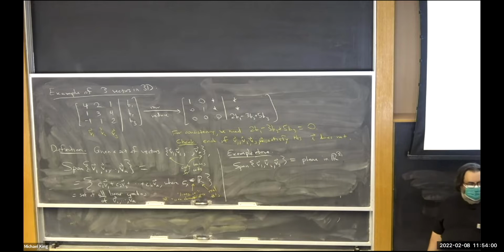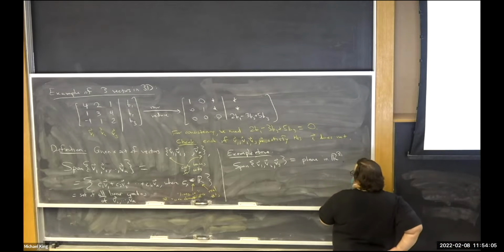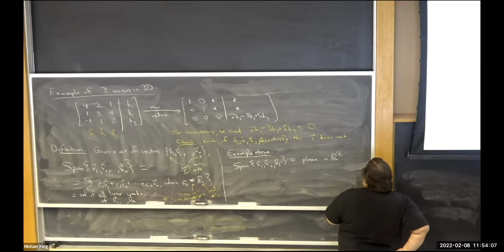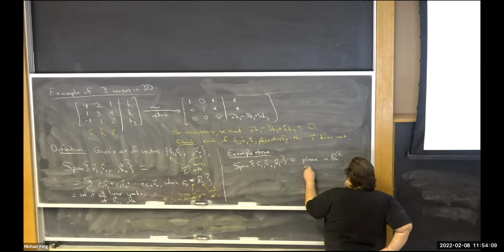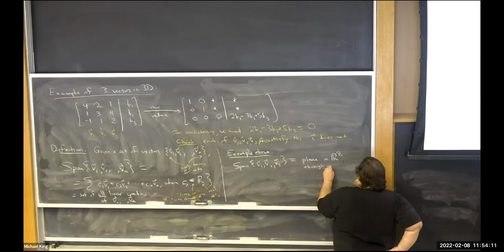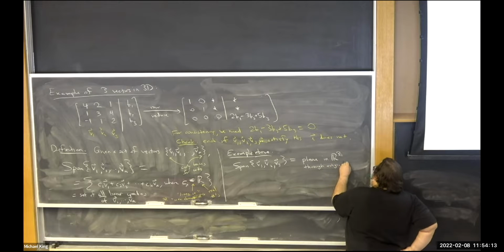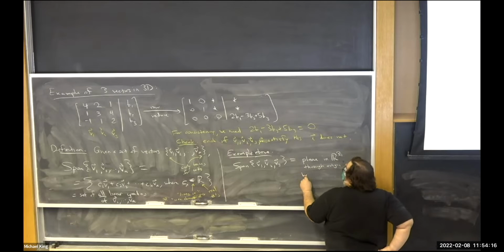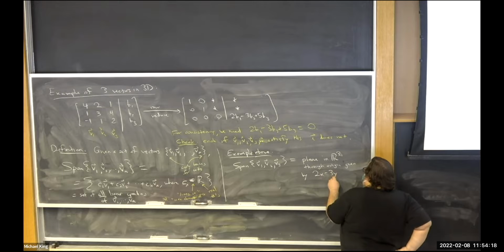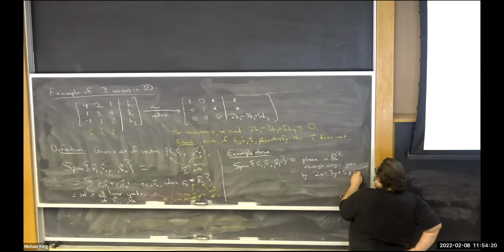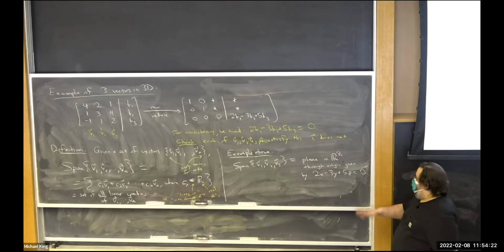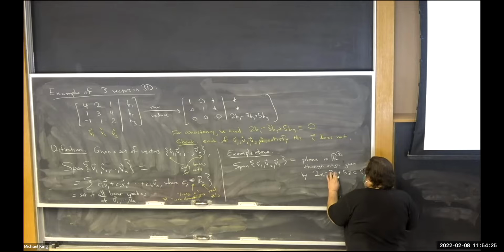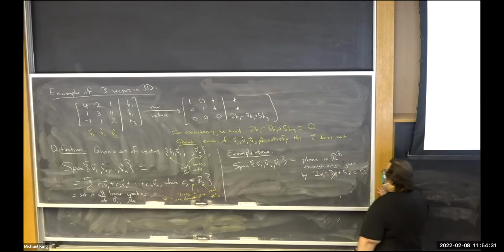I teach this in math reasoning back to back, and sometimes I forget what I said. So the plane in R3, notice it does go through the origin. That's going to turn out to be important. It's given by 2x minus 3y plus 5z equals 0. Or I could use the b's, or x1, x2, x3. I'll just stick with x, y, and z for now.